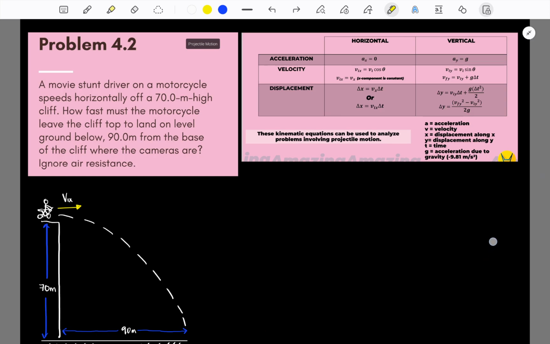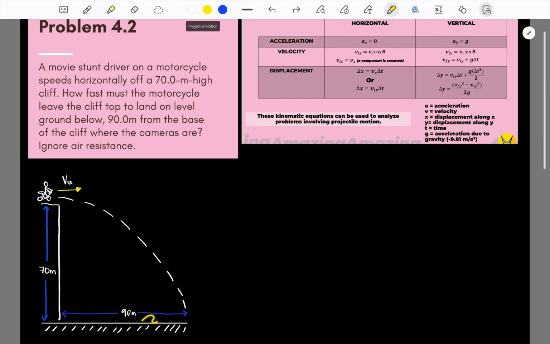Ignore air resistance. So this is the horizontal distance and the vertical distance. What's asked in the problem is the horizontal velocity of the stunt driver upon leaving the top of the cliff.